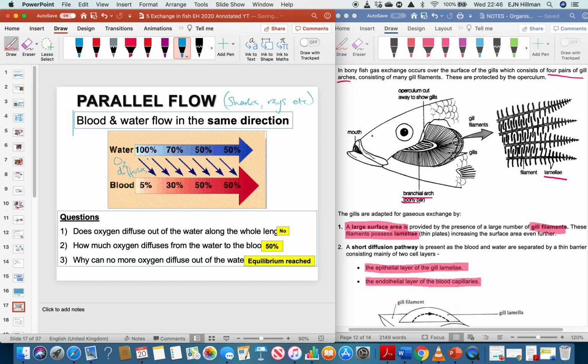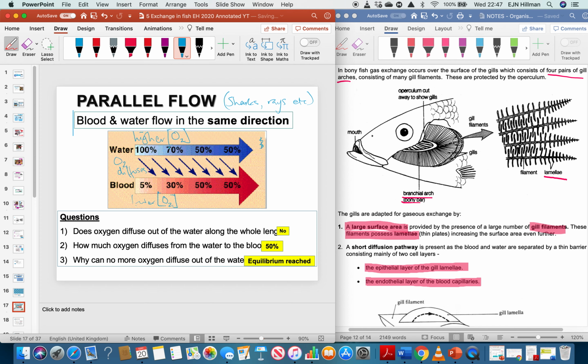Okay, and it continues to do that as long as there is a concentration gradient. So here we can see we've got a higher oxygen concentration in the water, lower oxygen concentration in the blood.